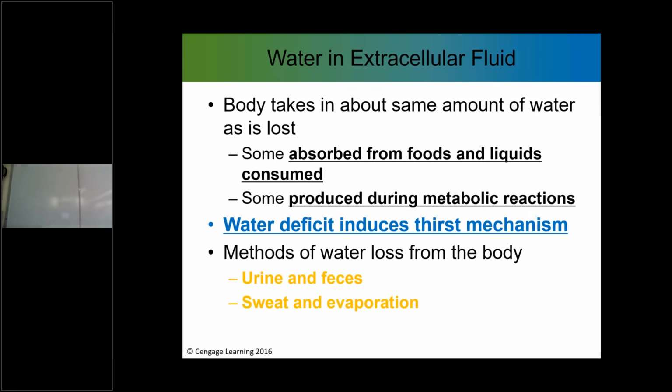Water deficit induces the thirst mechanism. Wouldn't this make sense? If you're developing a deficit of the water that you should be having within your body, then your nervous system will let you know by making you feel thirsty, and you want to get more water into your body. That's natural.